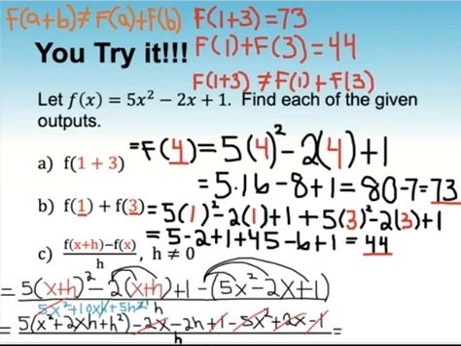And from the minus 2h, I'm going to take away an h. And from the denominator, we're going to take that h away. So this is going to equal 10x plus 5h minus 2.